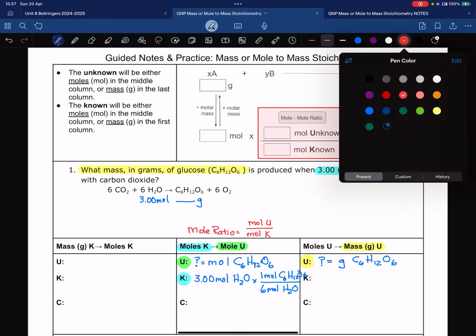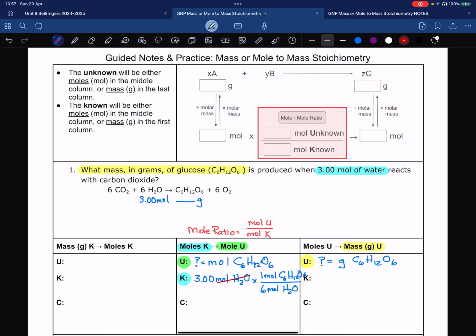Now, watch what happens. My moles of H2O cancel. It leaves me with moles of glucose, and moles of glucose is what I wanted. So I'm going to do that calculation, 3 divided by 6, which is obviously going to be 0.50 moles of C6H12O6.